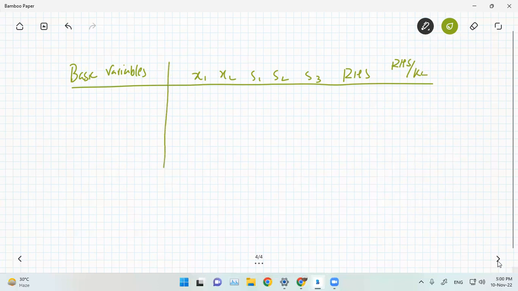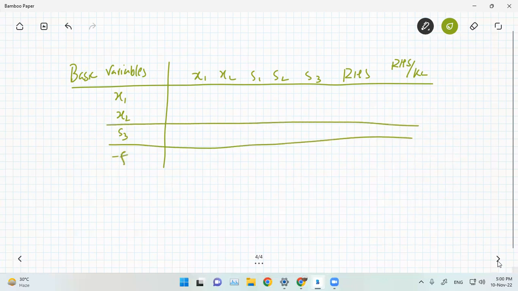So now it will be x1, since s1 left and x1 entered, x2, then s3, and then we have finally our minus f.